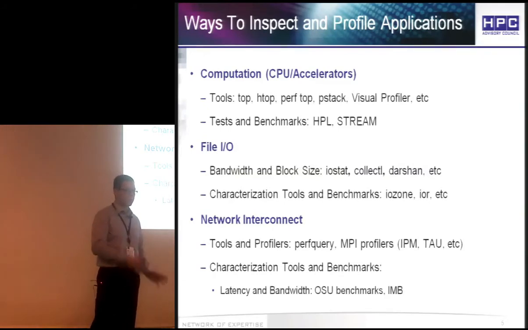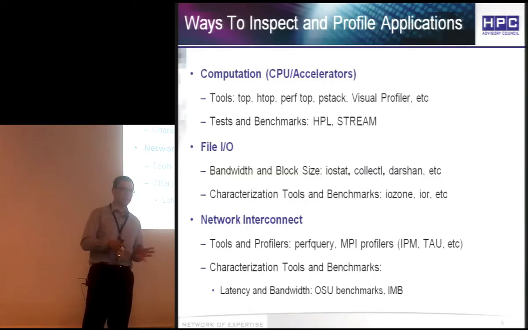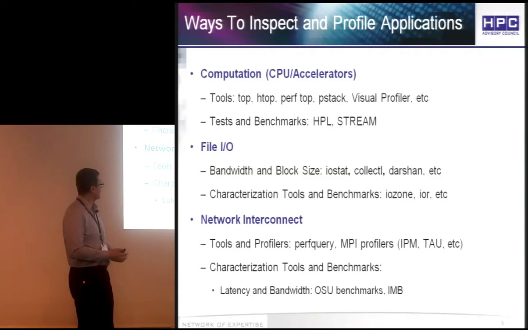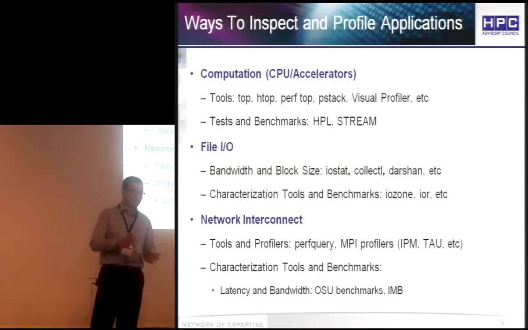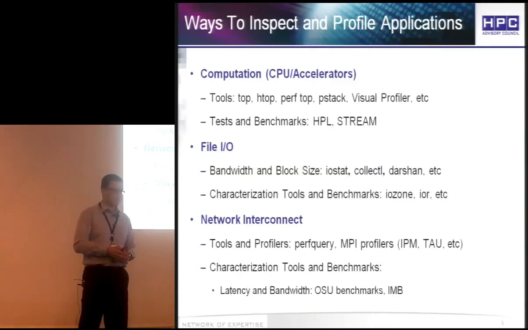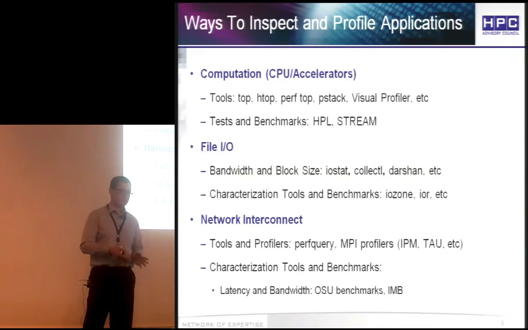As for the micro benchmarks, you can use them to identify which machine in the system is misbehaving, or to get a sense of the overall performance on the CPU side. You have something like Linpack HPL, and then STREAM for memory throughput. As for file I/O, we have something called iostat and collectl, and then Darshan.